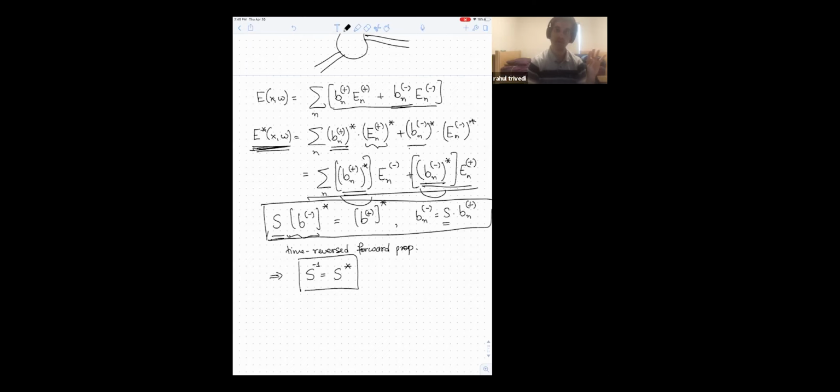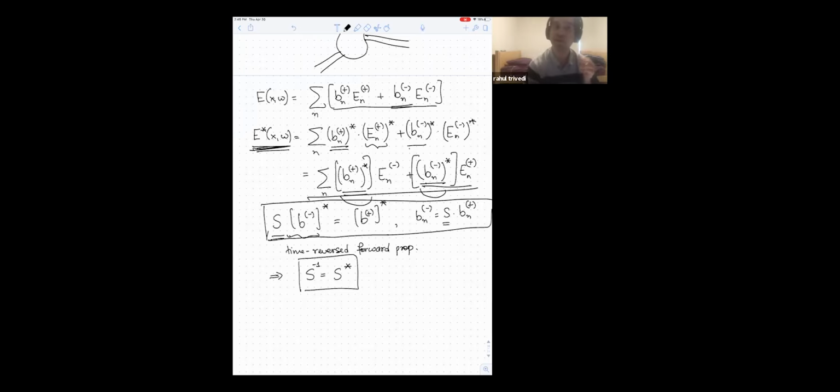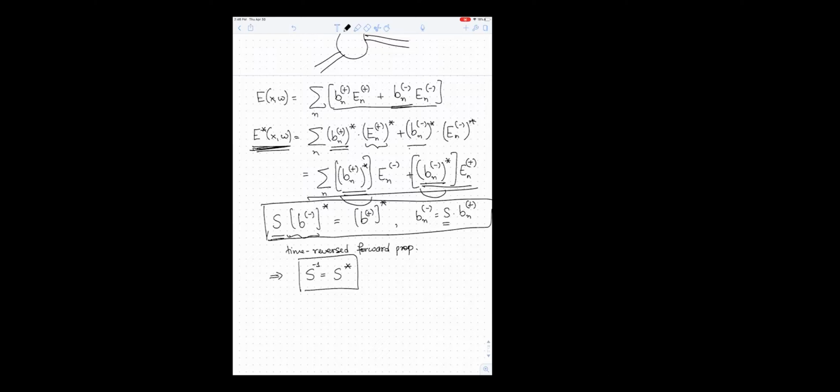Does this make sense? So we have three properties: unitarity, reciprocity, and time reversal, coming from three properties of Maxwell's equations. So now, can someone tell me when time reversal is going to be violated? If we have some sort of loss in the system? If there's loss in the dielectric, right?